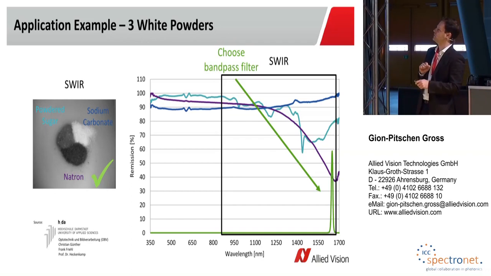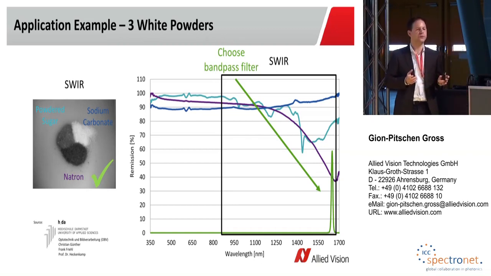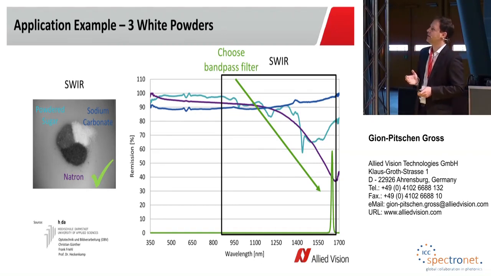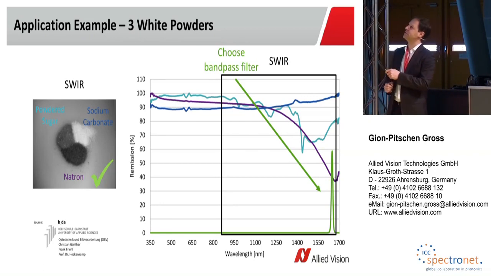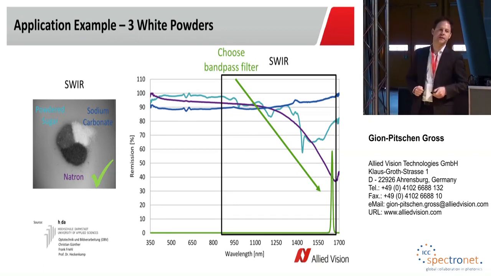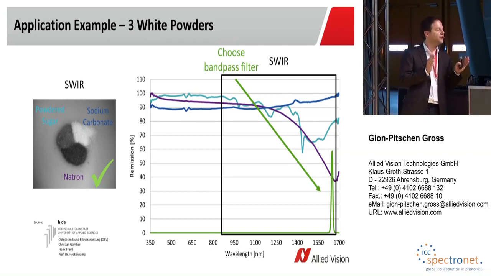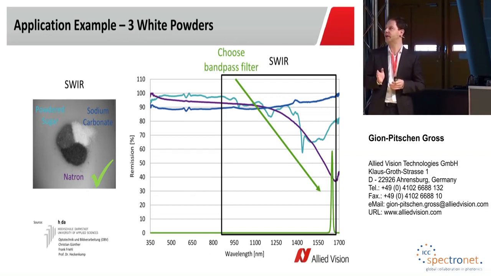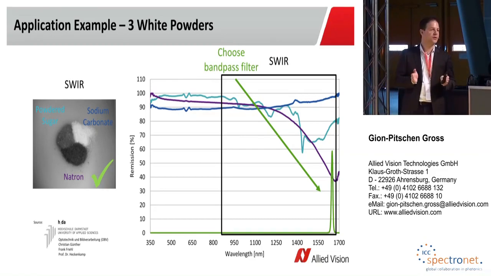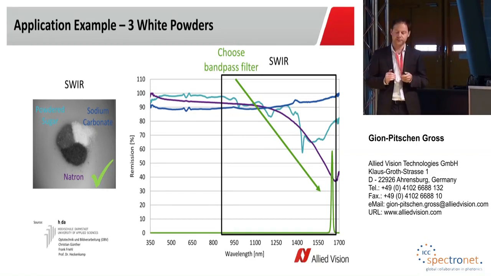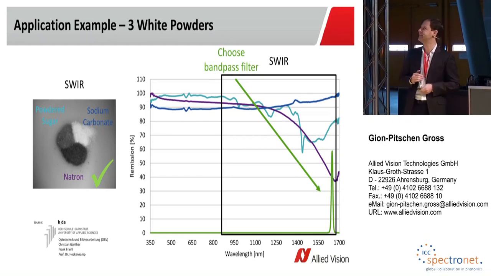And the natron, which drops a lot, we can see black here. So what I want to show with this example is you don't always need to observe the whole spectrum. Sometimes it can be enough if you know exactly what you want to do, if you know the substances you want to differentiate. Sometimes it is possible to use only one sensor. Sorry, one filter.